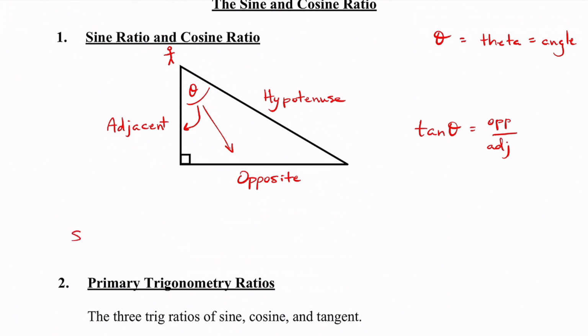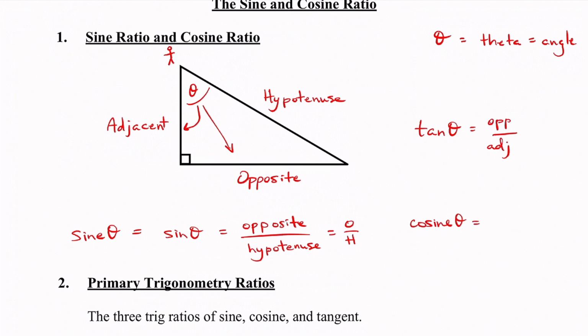So the sine ratio, sine theta, is short form written as sin theta. You don't got to put the e. And this is opposite over hypotenuse.